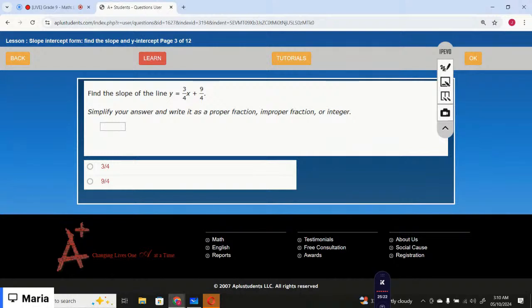Find the slope of the line y. Which is the correct option? Which is the slope? That is 3 over 4, right? You need to find the slope, and the slope is the coefficient of x. So 3 over 4 is the correct option.